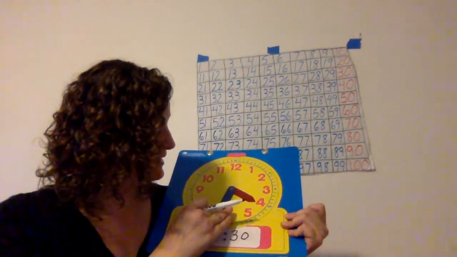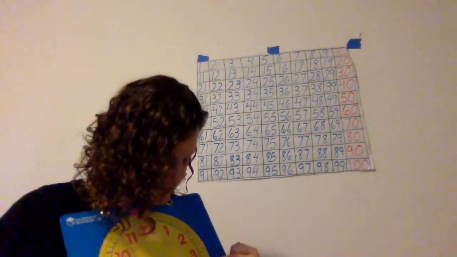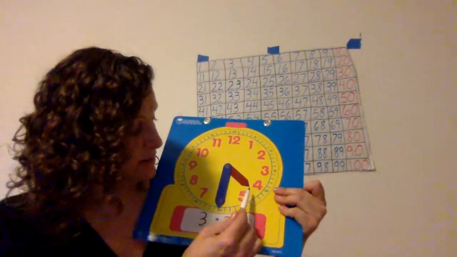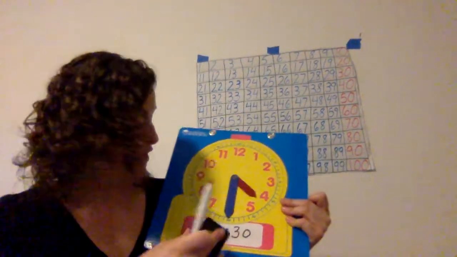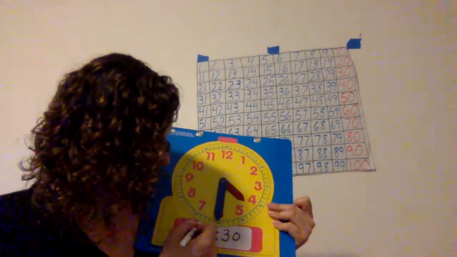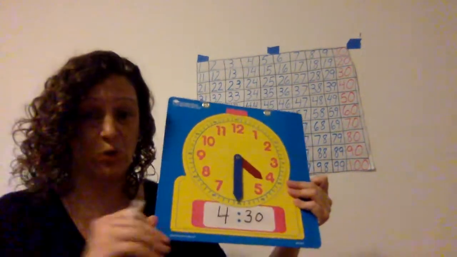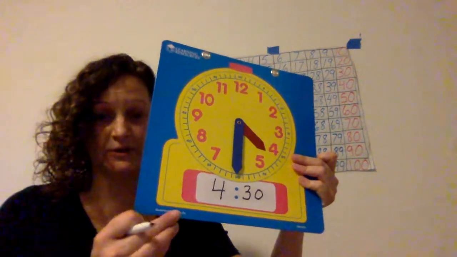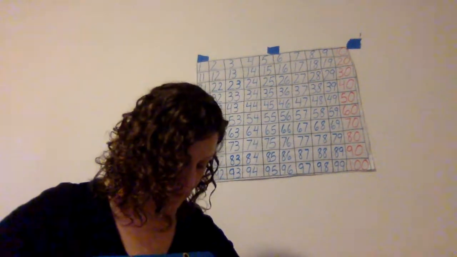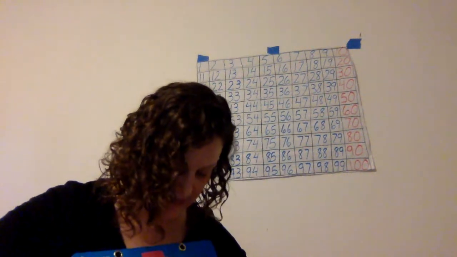If I move it like this, it's now past the 4. So it's going to be half past 4 or 4:30. And again, that's 4, the two dots, and 30. After it goes past a number, it becomes that number plus 30 when the big hand is on the 6.